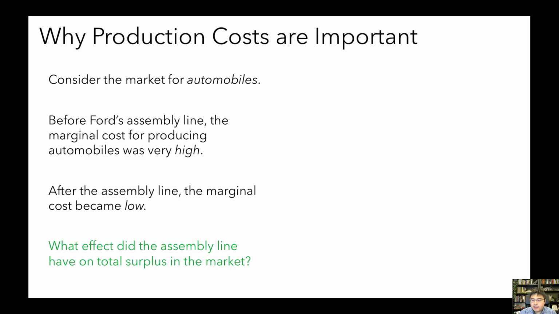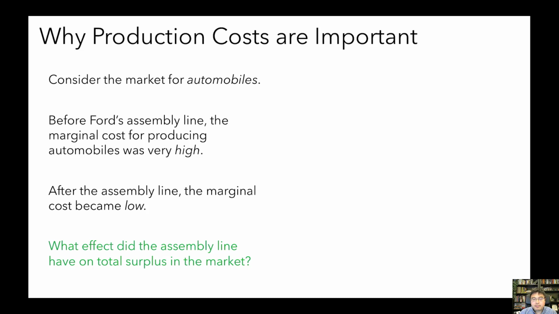And we're going to think about that by considering the effect that the assembly line had on the market for automobiles. So what did the assembly line do? Well, before the assembly line, marginal cost for producing automobiles was very high, and after the assembly line, marginal cost became a lot lower. So what did this do to the market for automobiles?